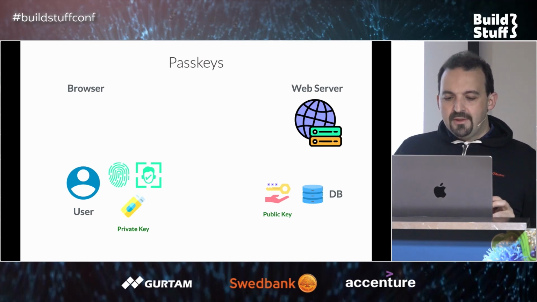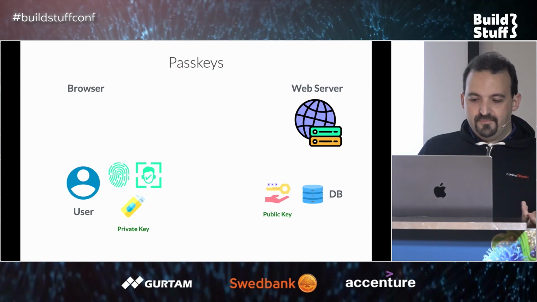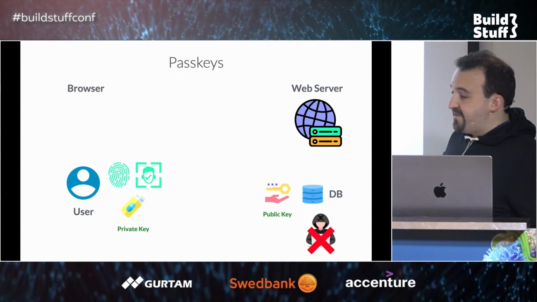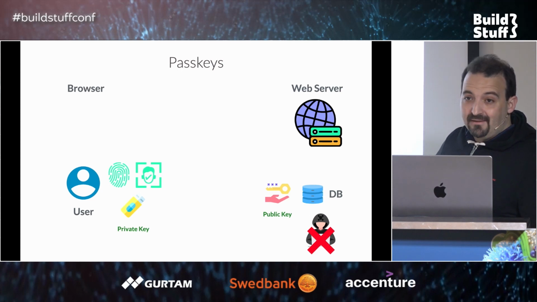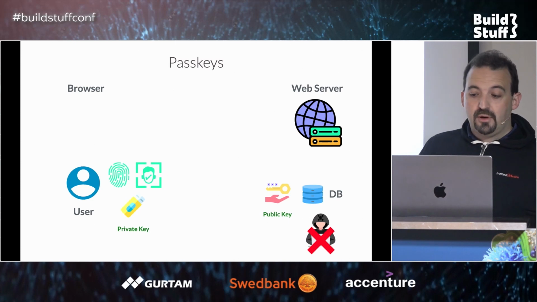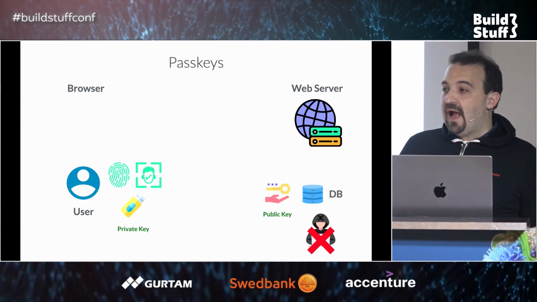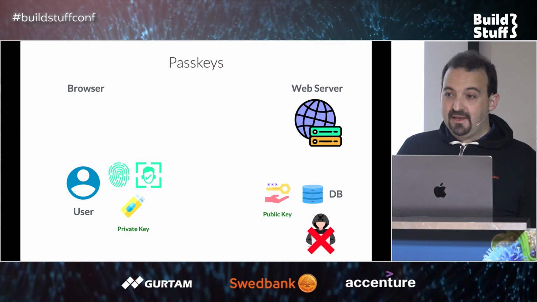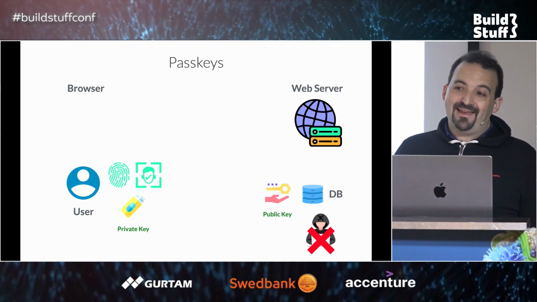So this will solve a couple of problems. If a bad actor in a hoodie is attacking a web server, the only thing that person will get is a list of public keys that are completely useless.